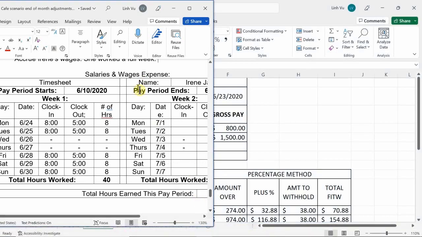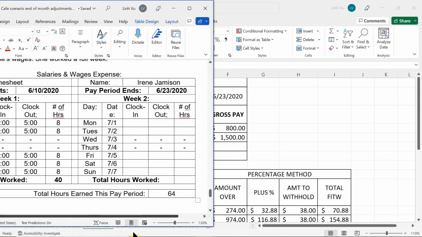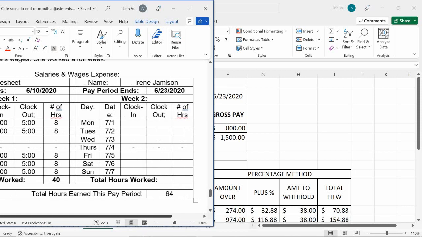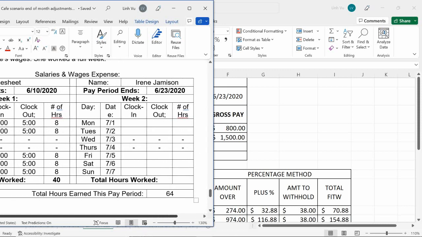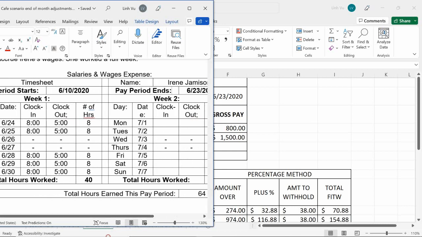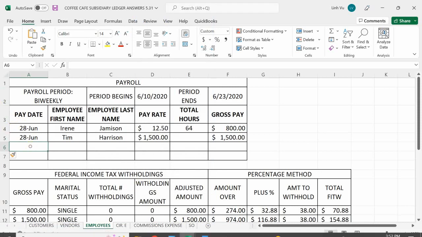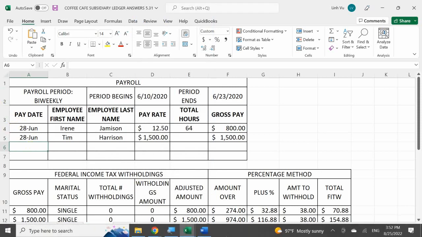Let's see. Her payroll period ends on, ooh, that's the wrong number. It's going to end on July 7th, and we will not pay her until July 12th. So we can go ahead and put that number in here, that we're not going to pay her until July 12th.